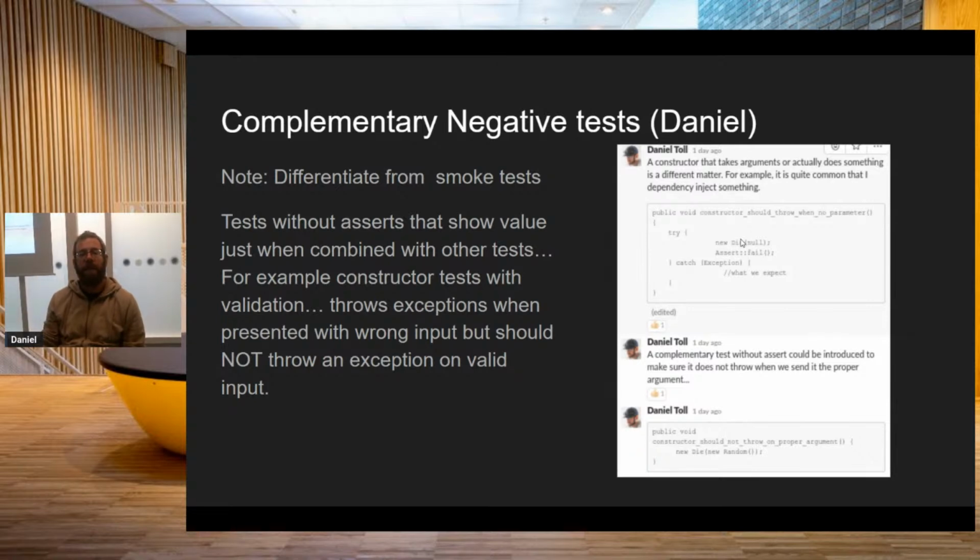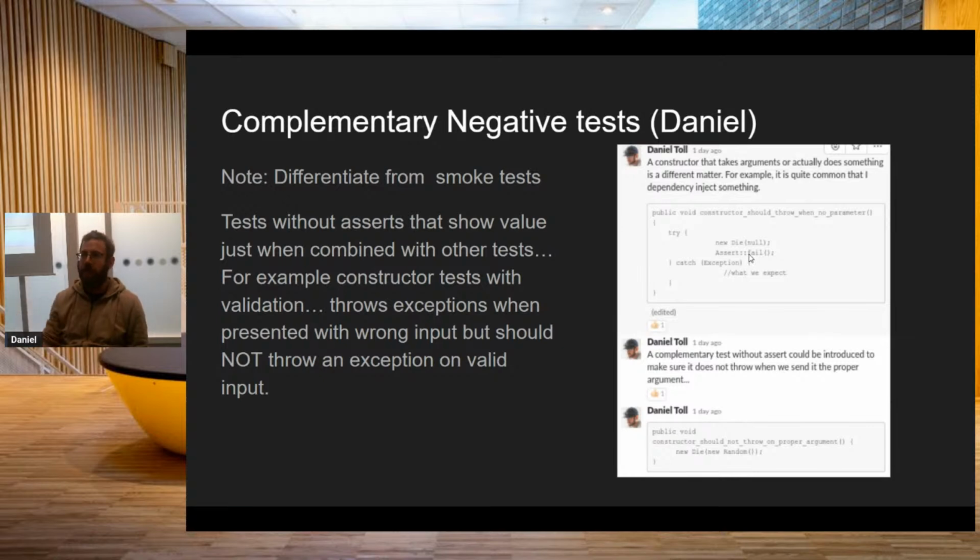But if I send it a null, so the constructor should throw with no parameter, then it should throw an exception. So if it doesn't throw an exception, I fail it. So by the way, this is a way of testing exceptions if that is not a feature in your testing framework. So you can always have try catch, and you assert fail if you reach this line. Everyone understands that test case.